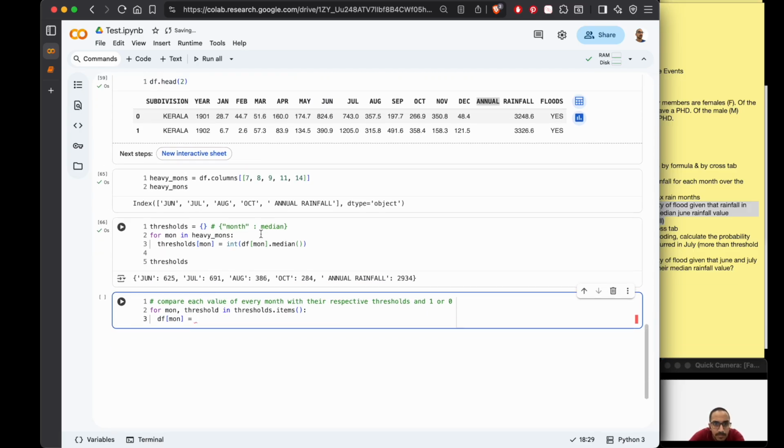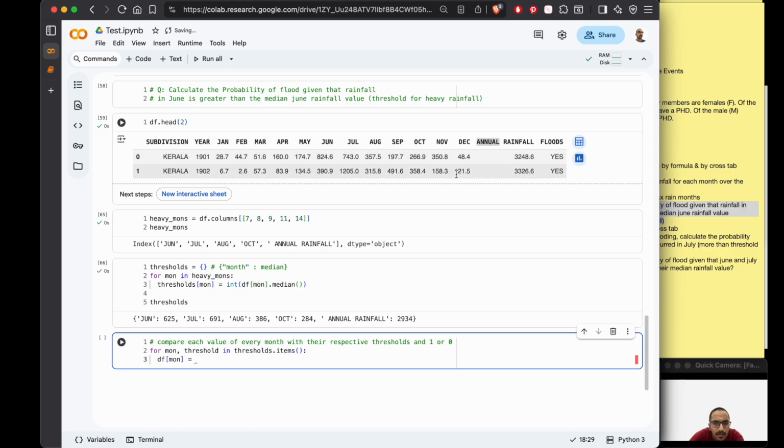Now, what was I saying? Yeah, now I'll compare. So for every month I will compare and I'll reassign. Let's see, df month value, we will check if it is greater than the threshold.